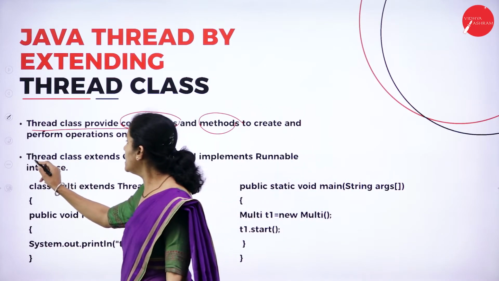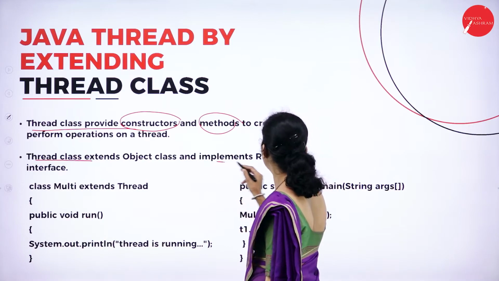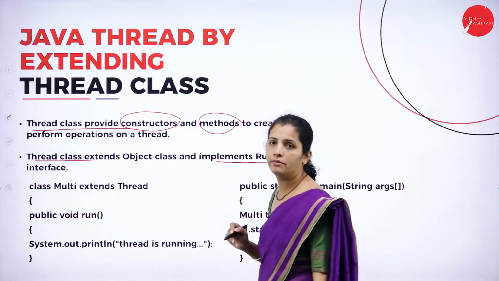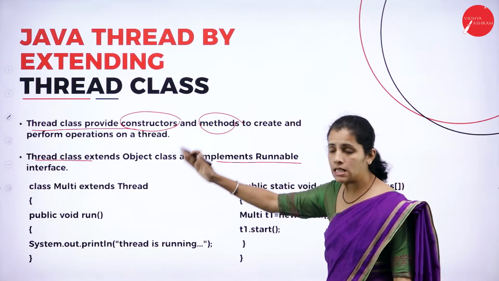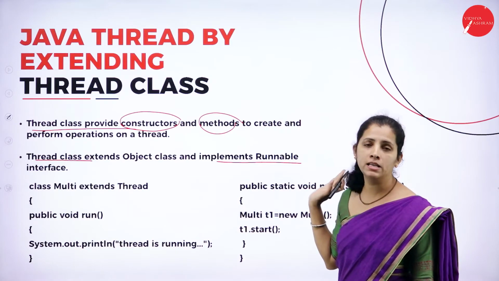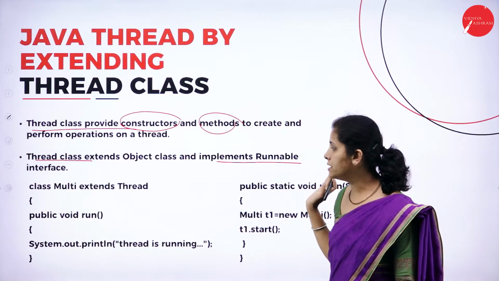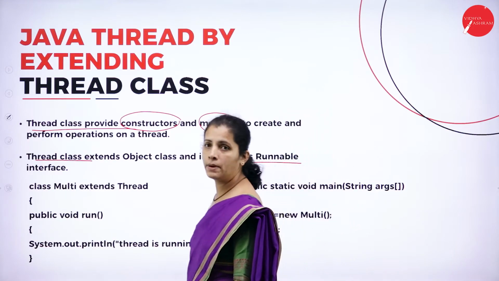Now, the Thread class extends the Object class and implements the Runnable interface. Now, let me consider a simple example here.